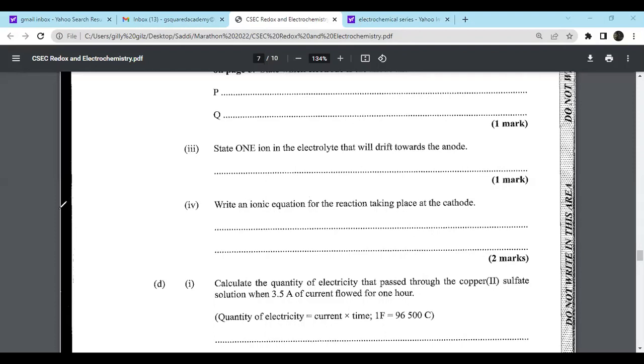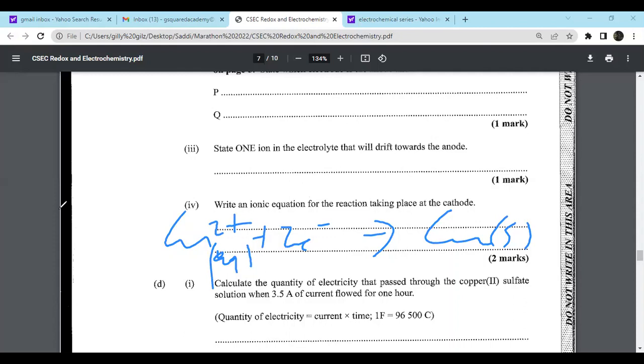For that, we would have Cu2+ plus 2 electrons to produce Cu solid. And this is aqueous. And that's your equation. It must be balanced and it must have the state symbols. It must have the electrons. Okay, this is balanced. And by balance, we mean that the number of each atom on both sides is the same and the charge is the same on both sides.